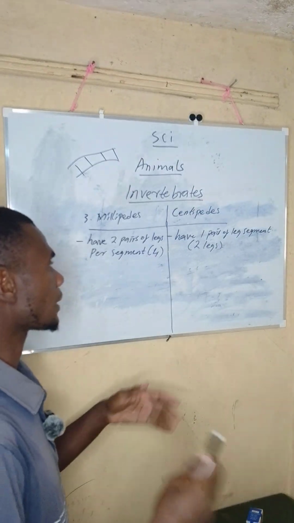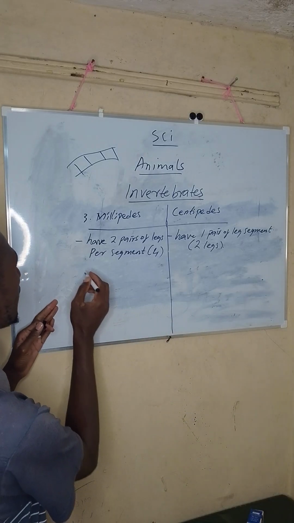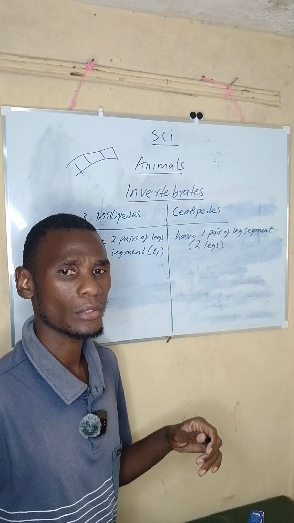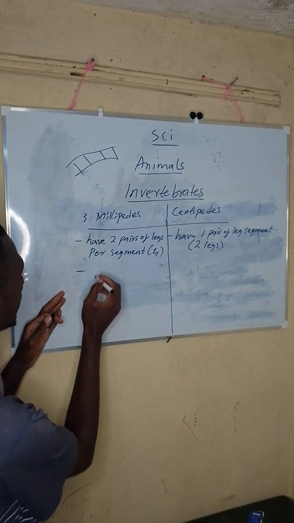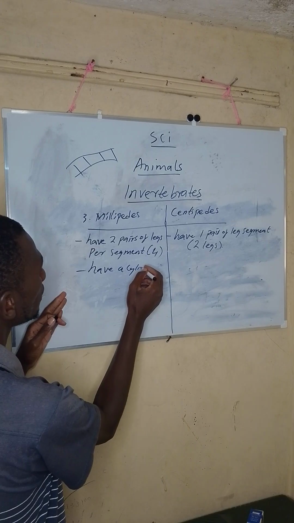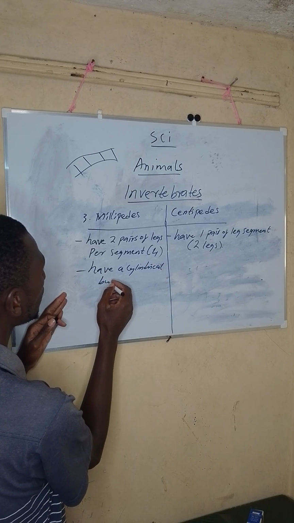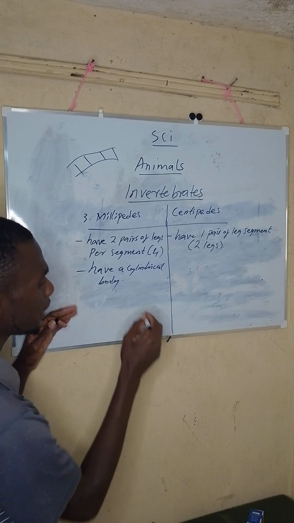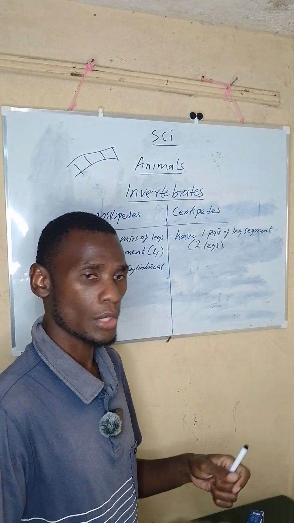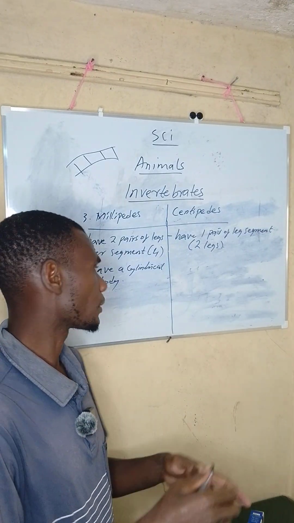In fact, I'm giving the differences. Another difference is that these millipedes have cylindrical bodies. Cylindrical means round, like a pipe. So their body is like a pipe, a cylinder.